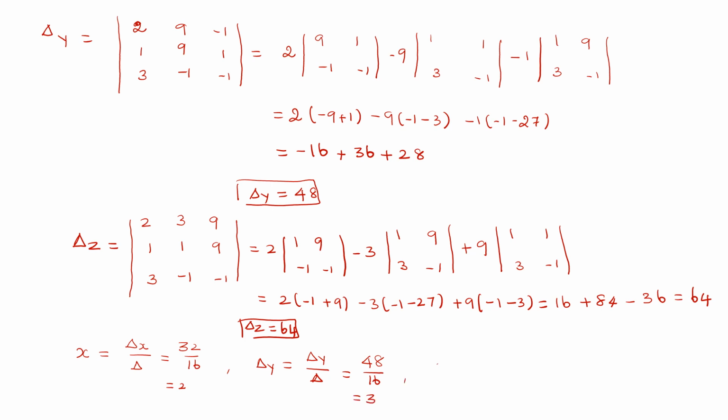And z equals delta z divided by delta, so we get 64 divided by 16, which is 4. So once again, we get the same values: x equals 2, y equals 3, and z equals 4.